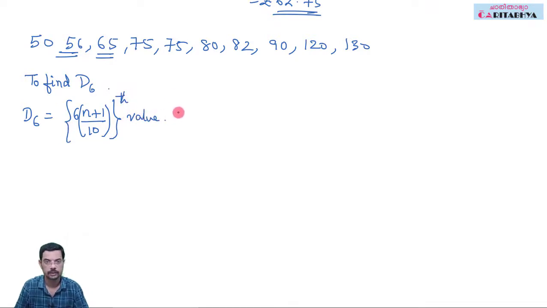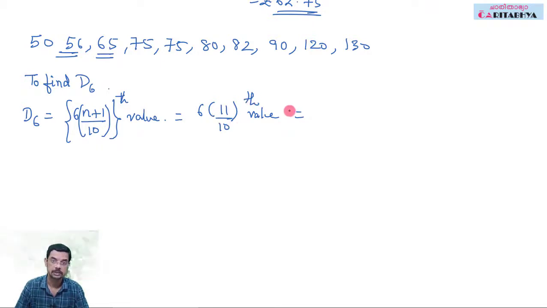What is n plus 1 by 10? N is 10, 10 plus 1 is 11, so this is 6 into 11 by 10. That becomes 66 divided by 10, that is the 6.6th value.